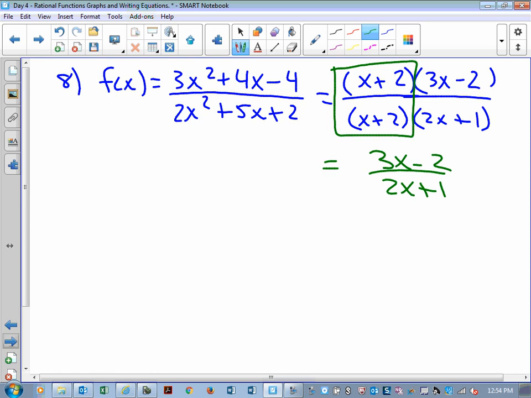What I want you to do is, you're all sitting next to somebody or there's somebody behind you, whatever. I want the person on the left to type into their calculator this function. I want the person on the right to type into their calculator the small function. Okay?